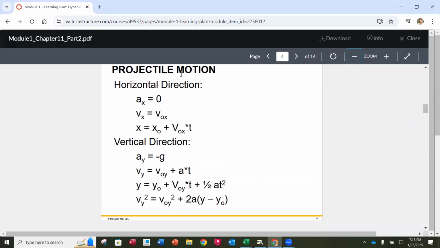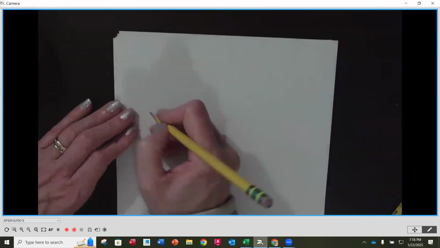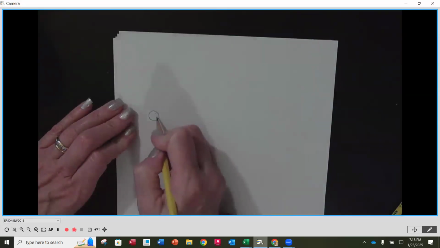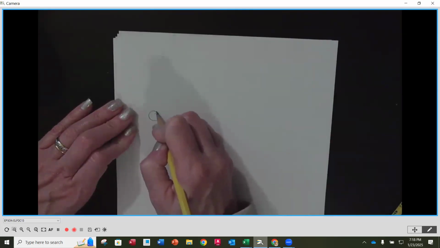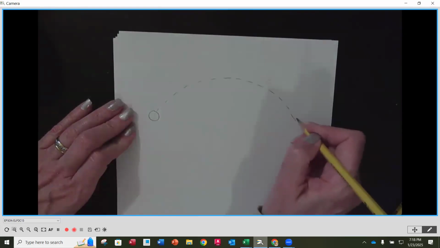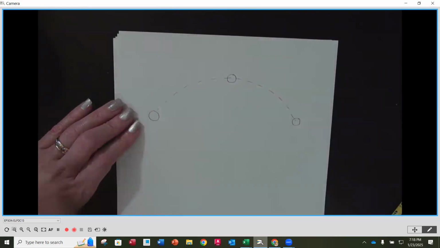Before we look at these equations, I want to go underneath here with a hopefully familiar illustration. Let's say we're looking at a ball. The ball is thrown, and instead of going in a straight line path, it's going to curve something like this. This would be the start, the middle-ish, and then the end.